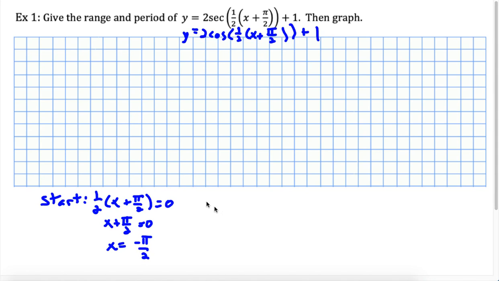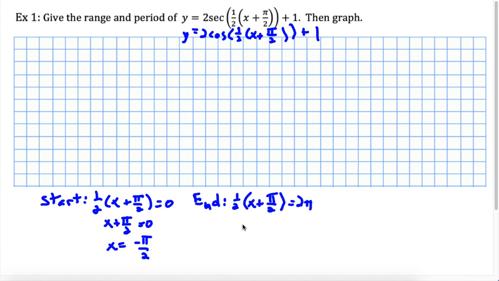Then for my ending point, I set bx plus c equal to 2 pi. So 1/2 times x plus pi over 2 equals 2 pi.